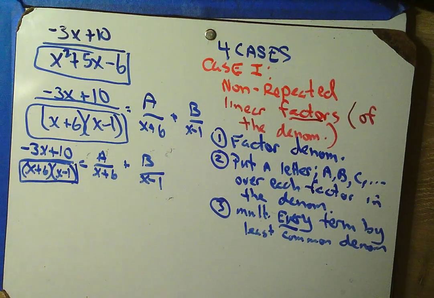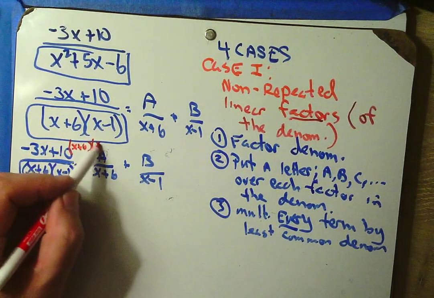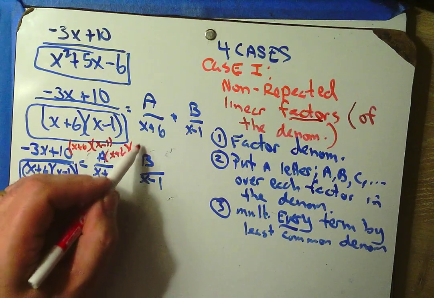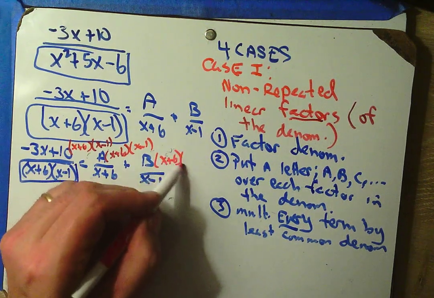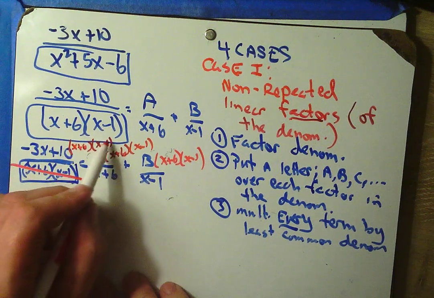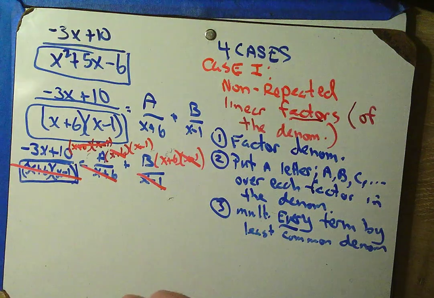So I'm talking about multiplying everywhere by x plus 6, x minus 1. Because when I do this, these cancel, this cancels that, and this cancels that.